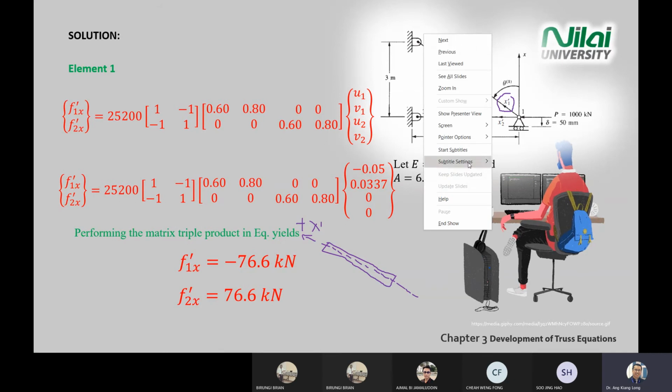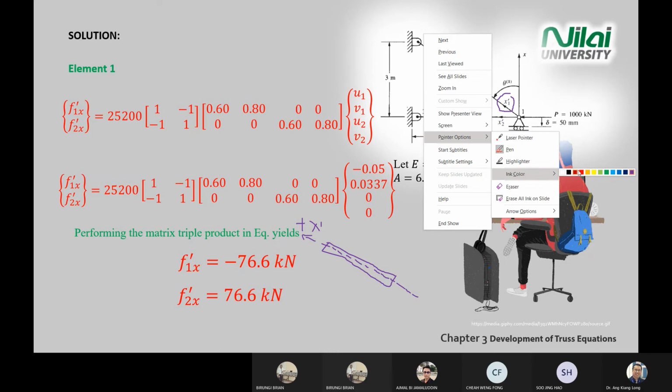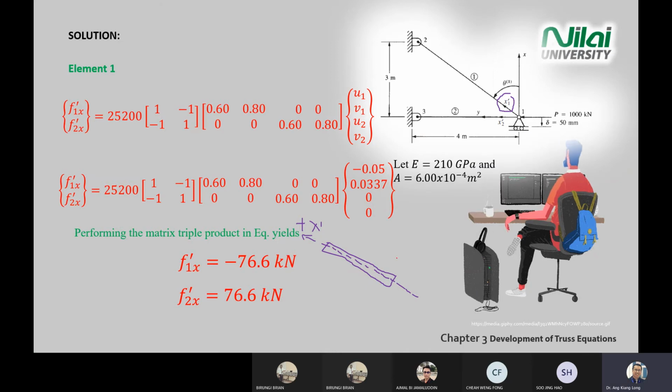So what does it mean? When you look at the element, for point 1 negative means it goes this way, 76.6 going in another direction. For point 2 positive, it means it follows the X prime.